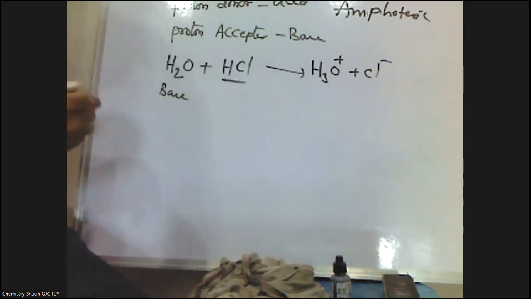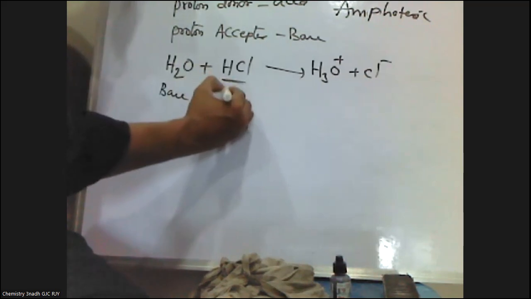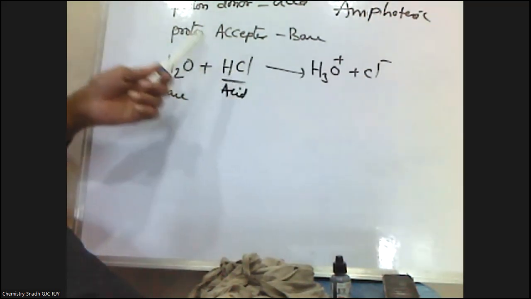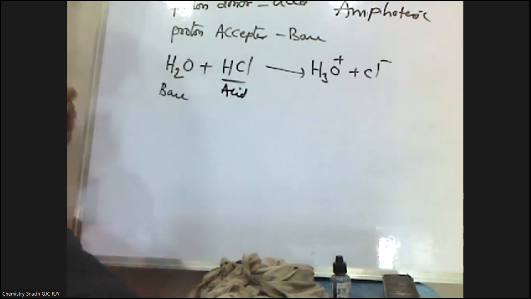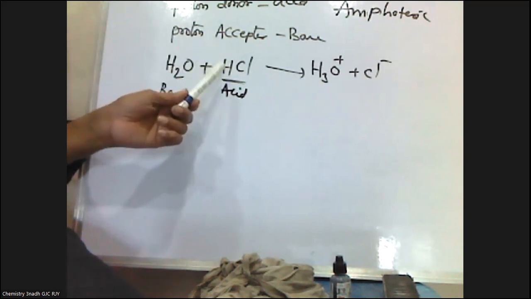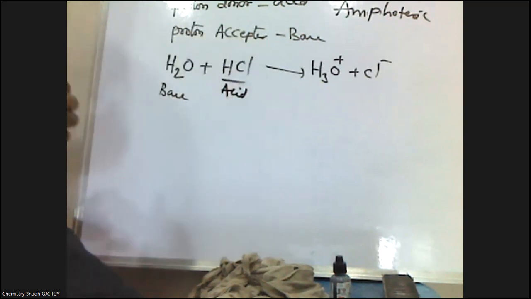When HCl is dissolved in water, HCl donates protons, so it is acting as an acid. As water accepts the proton from acids such as HCl, it is acting as a base.